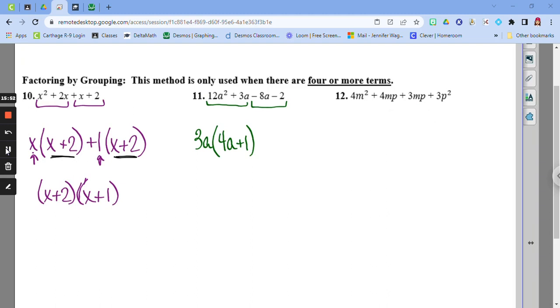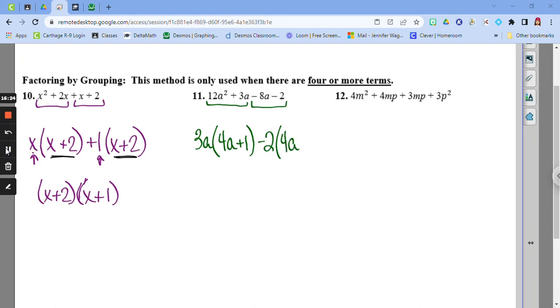Sometimes you have to factor out a negative. And in this case, first of all, I'm just going to look at 8a and 2, I can divide them both by 2. But I need to divide them by a negative 2. And you'll see this in a minute. Negative 8a divided by negative 2 is a positive 4a.